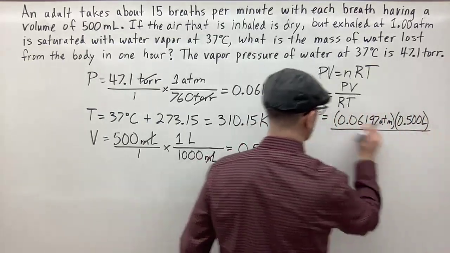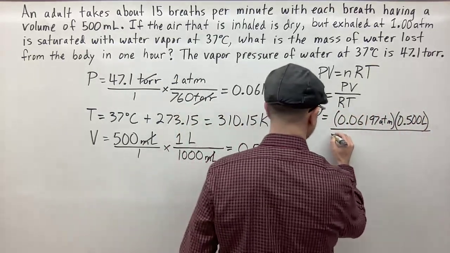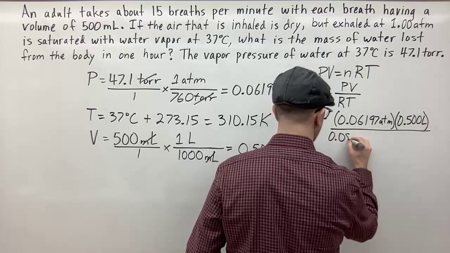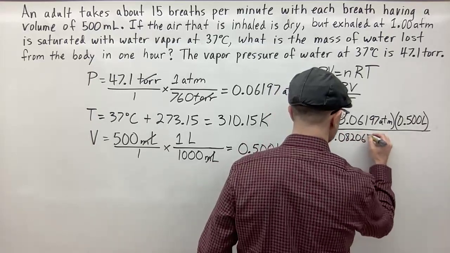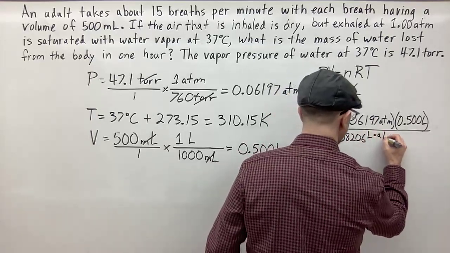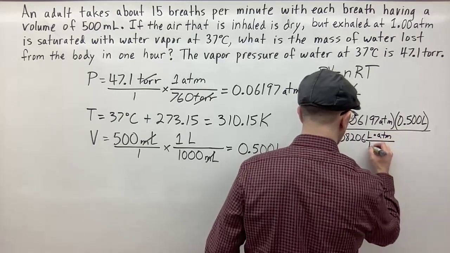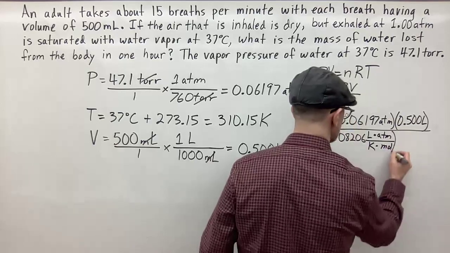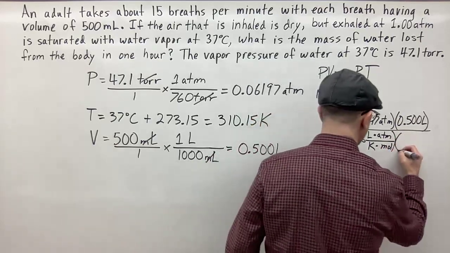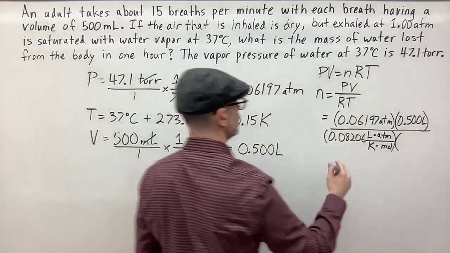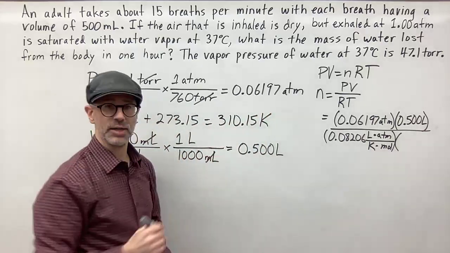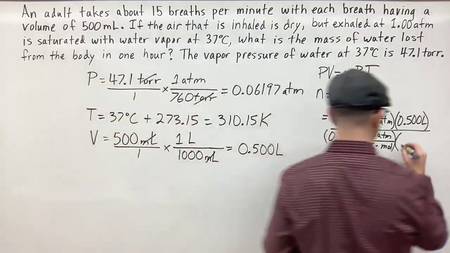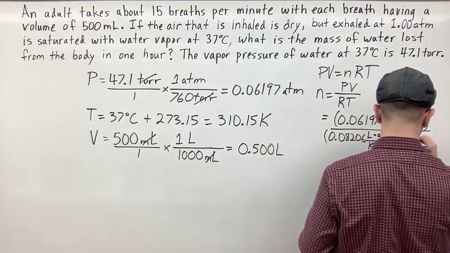All of that is over RT. R is 0.08206 liter atmospheres over Kelvin mole, multiplied by the temperature, which is 310.15.